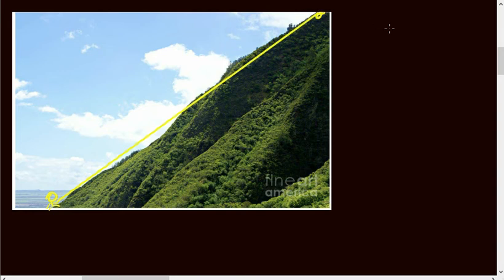So we will study the concept of function and rate of change using this example of walking up a hill.